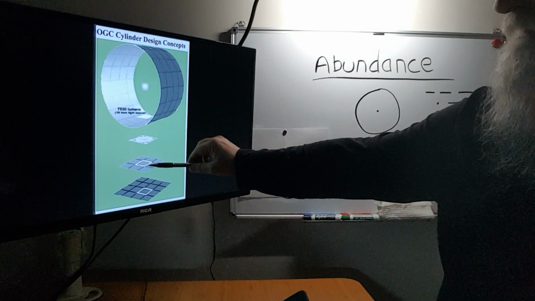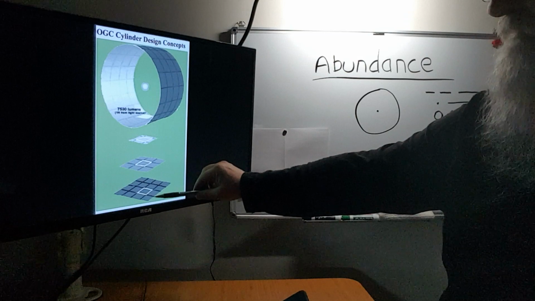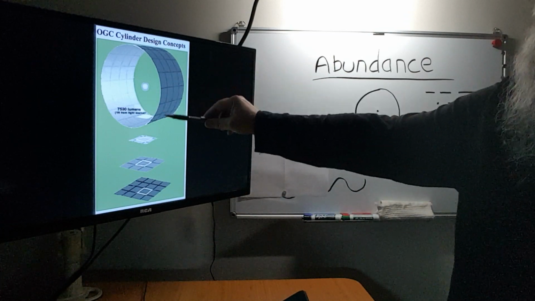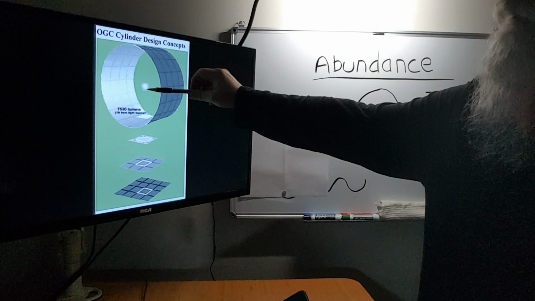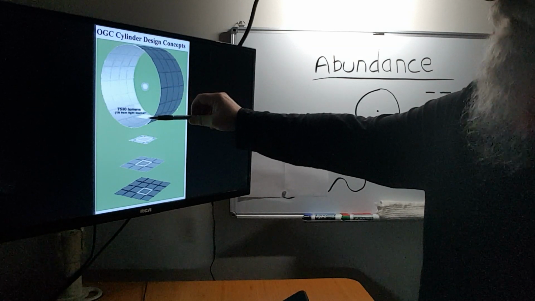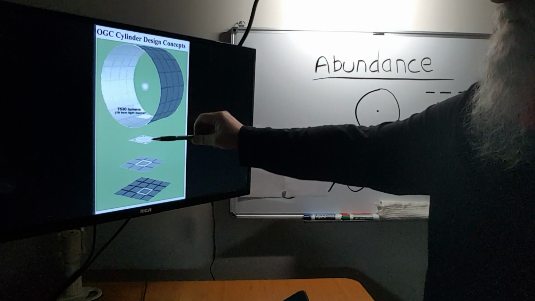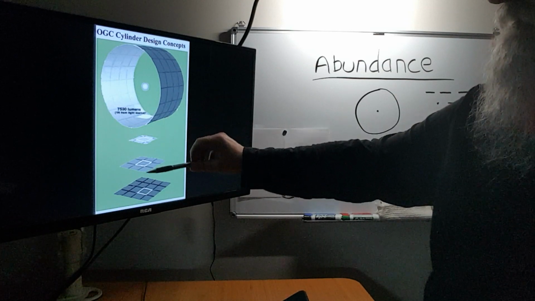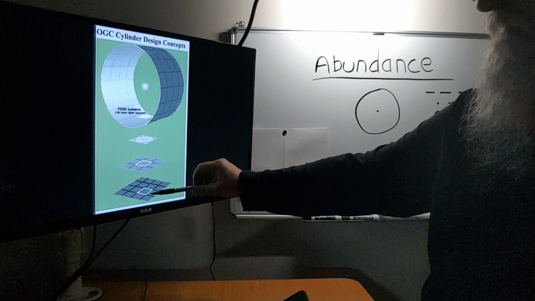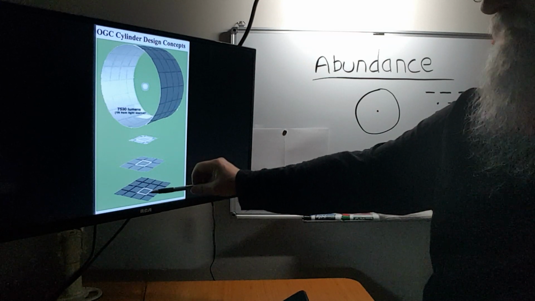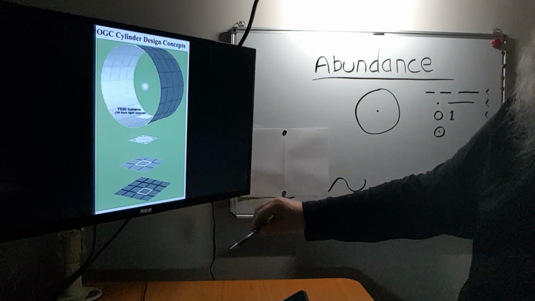And then it quarters again and quarters again. So let's say you started with 100,000 lumens. Here you'd be 25,000, about 6,200. A quarter of that, 1,500. A quarter of that, somewhere around 400.